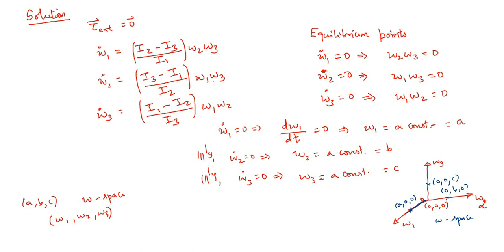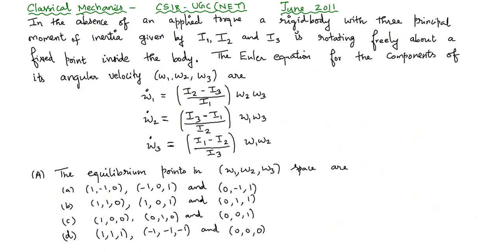The simplest choice is a equal to 1, b equal to 1, c equal to 1. Therefore the equilibrium points are 1 0 0, 0 1 0, and 0 0 1. So these are the equilibrium points. Therefore the answer for this problem is C.